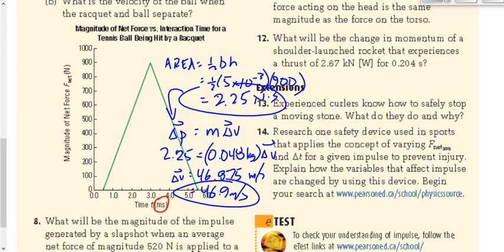If it's going really fast, then I would suggest probably the smartest thing to do is just let it go and hit the wall and let the wall take the damage as opposed to your foot. Bottom line is anything that you can do to increase the stopping time is going to decrease the force. Okay, make sense? Okay.